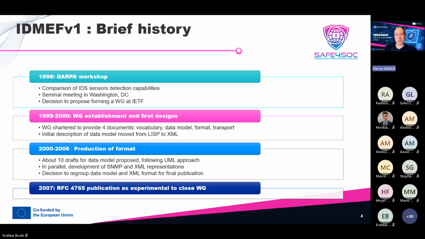As I was developing the format, other people proposed representation of the format as SNMP or XML. And in the end, there was a significant debate in the working group as to whether we should choose SNMP or XML. There was a vote which decided upon XML, and then it was decided that we would regroup the format, the description of the data classes, and the XML implementation to facilitate implementation.